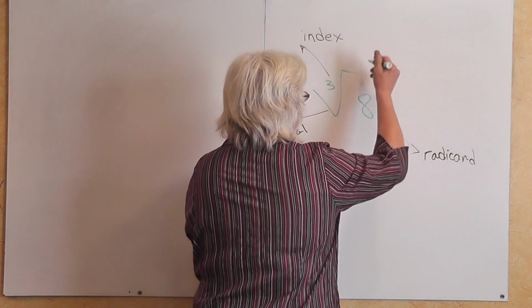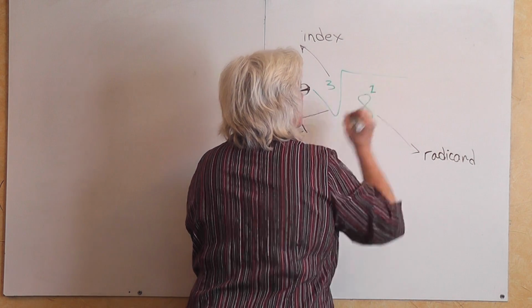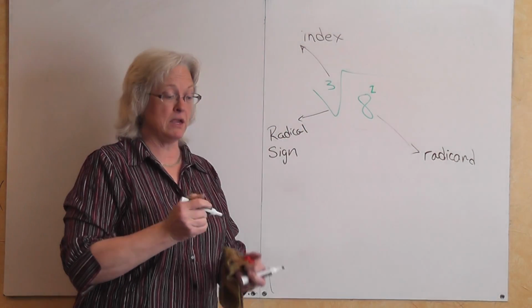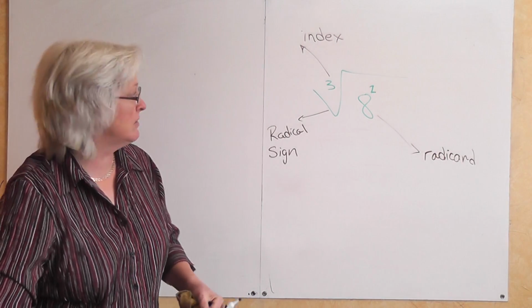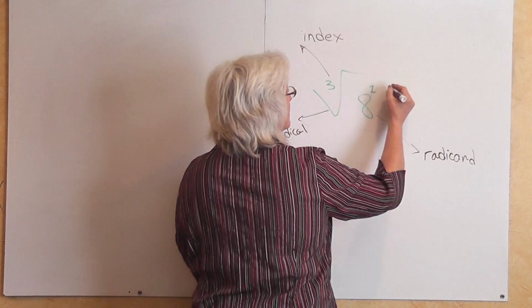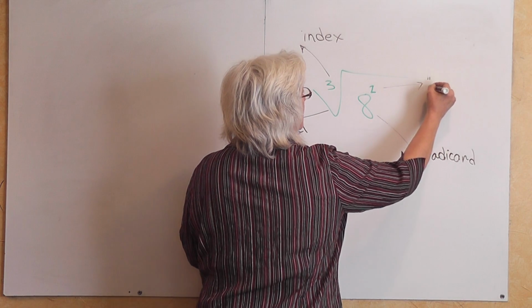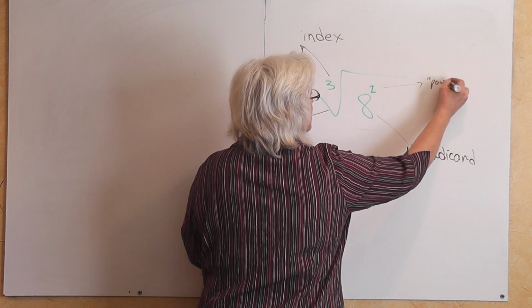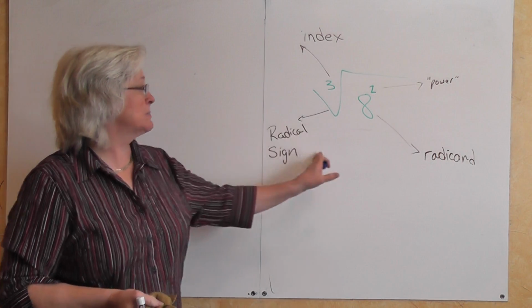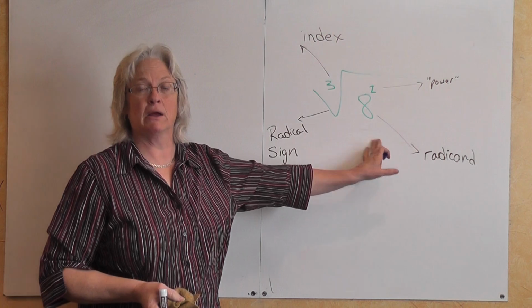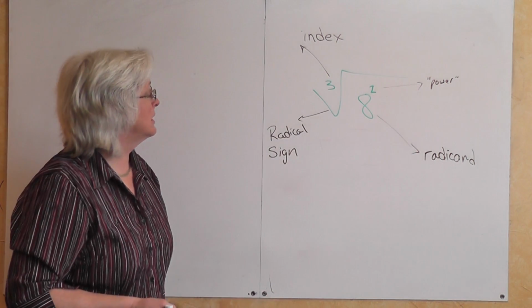Don't worry about calculating it. If we had the cube root of 8 squared, that little exponent there you can also refer to as the power. Not everybody does that, but I'm going to use that expression. I'm going to call the exponent of the radicand the power underneath the radical sign.